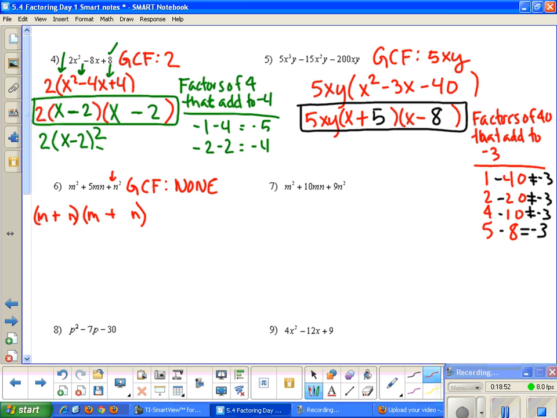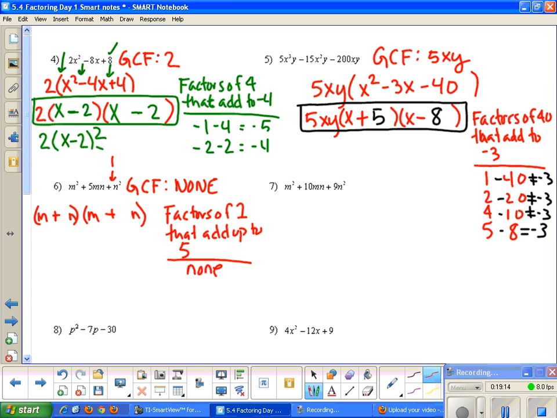But notice the number is what we're concerned about. The number in front is 1, so that means we need factors of 1 that add up to 5. Now, if you look, can you have factors of 1 that add up to 5? No, so there are none.